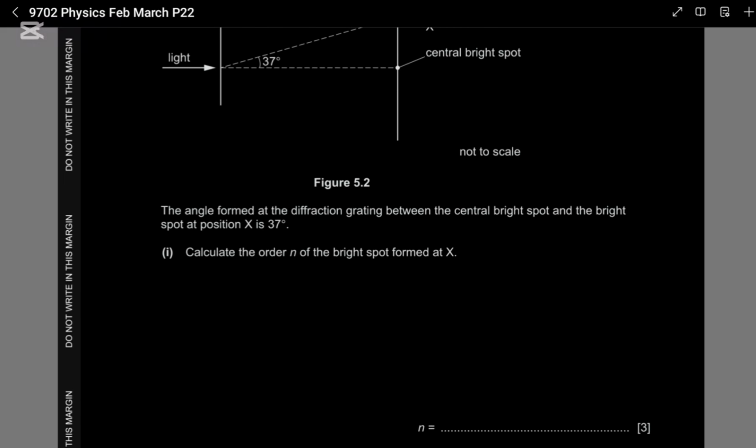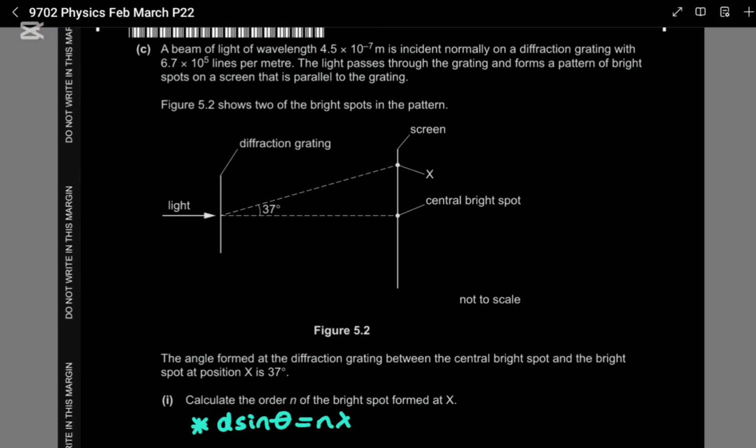So diffraction grating, the main formula is d sine theta is equal to n lambda. But we have a problem. They never gave us d. They gave us n. This is n.